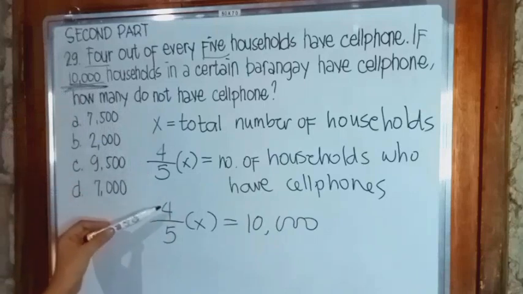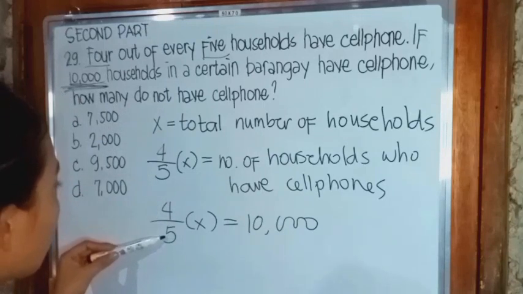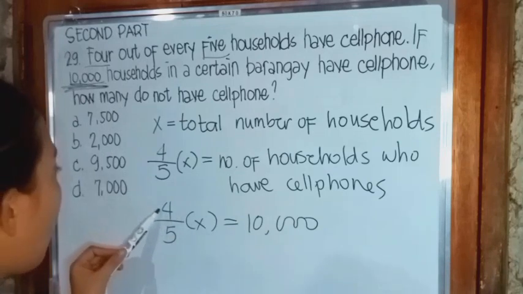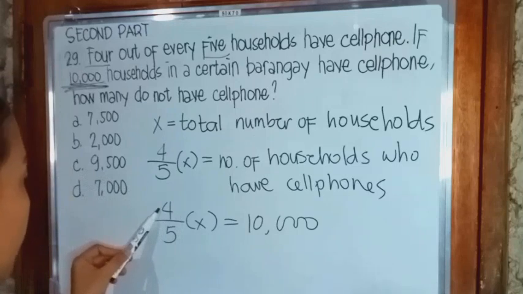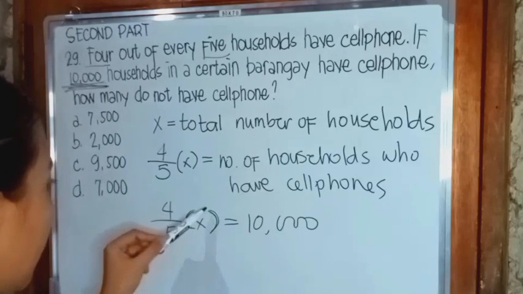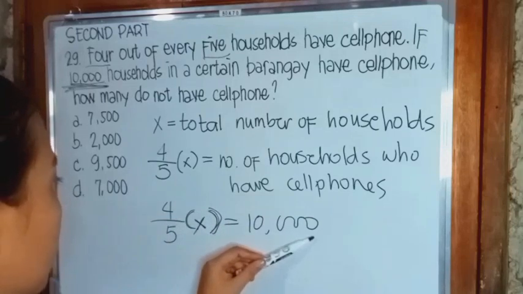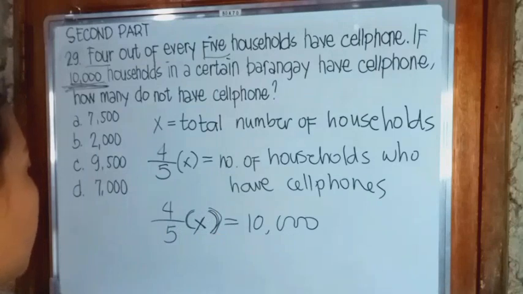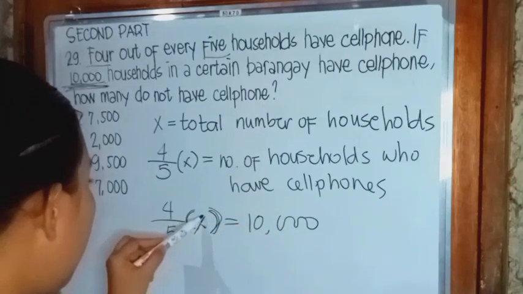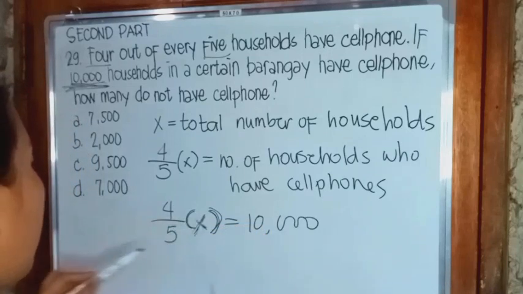So in every 5 households, there are 4 households who have cell phones. So the total number is not yet known. And there are 10,000 who have cell phones. So out of this equation, we can find the total number of households in the certain barangay.